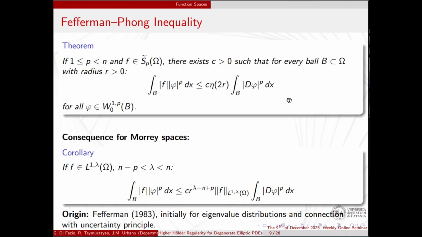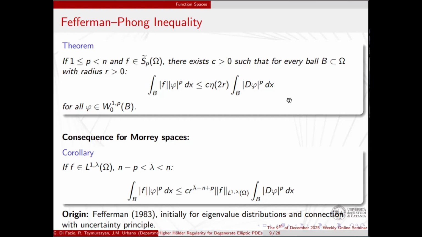This is the expression of the fact that f belongs to the Stummel-Kato class. Of course, if you assume your function f is in a Morrey space, you have an immediate corollary, because you can quantify the control that you have on the integral: instead of having just the modulus of continuity, you have this quantitative expression depending on the radius of the ball.